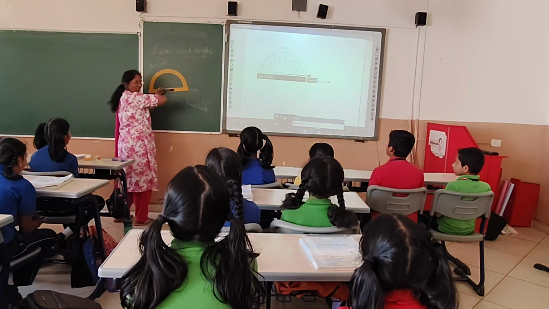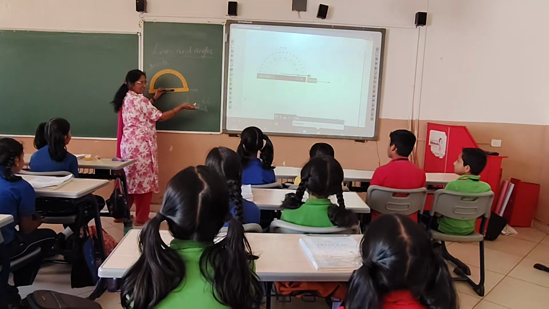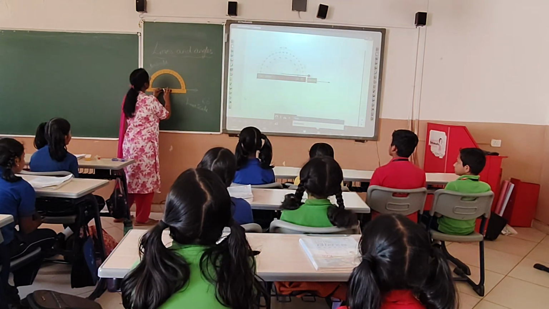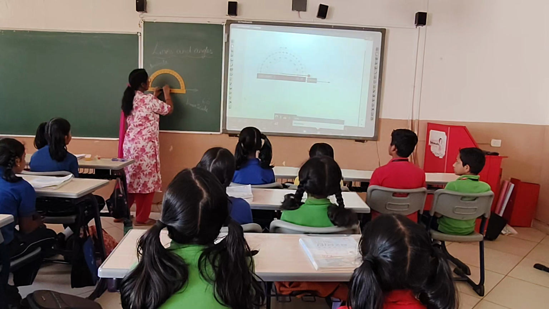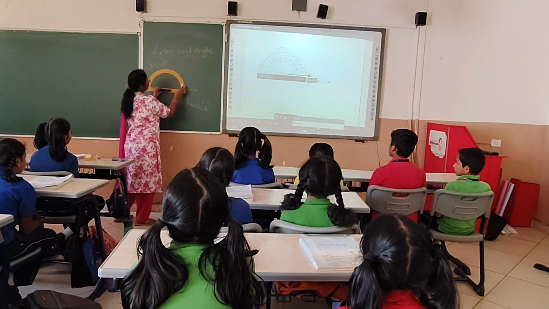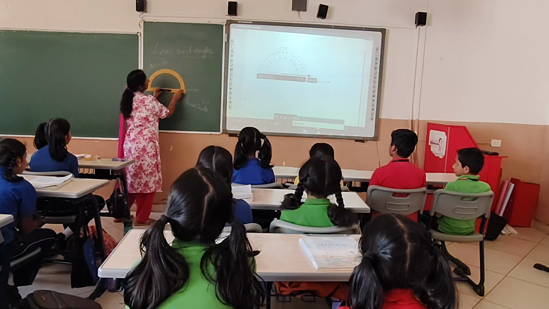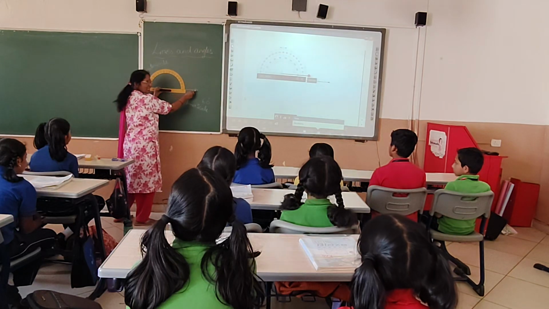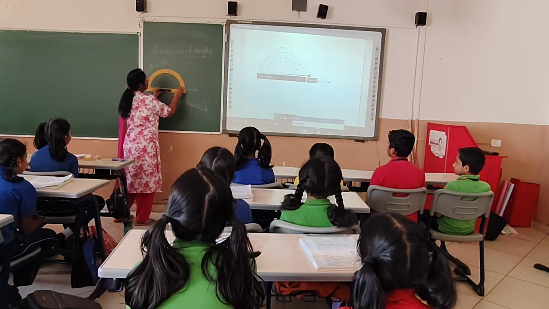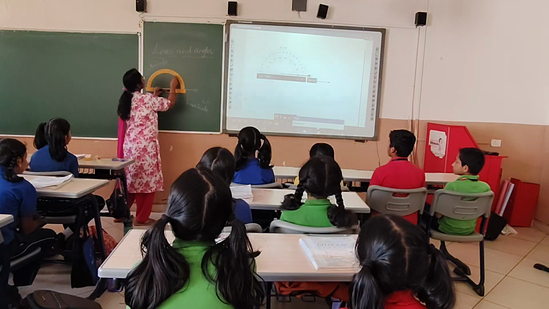We say it anti-clockwise, isn't it? This is clockwise. It is anti-clockwise. So from here, this is the 0 marking, and from here you are measuring, 0 is here. Why? Because the baseline is at the right hand side: 0, 10, 20, 30, 40, 50, 60.